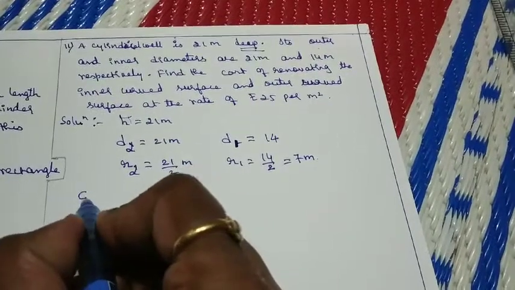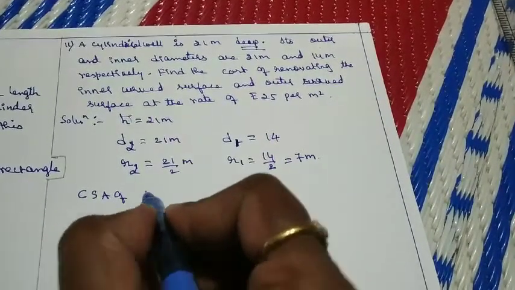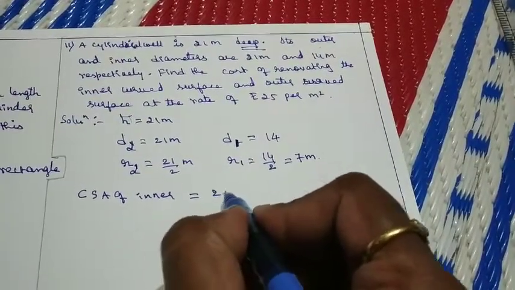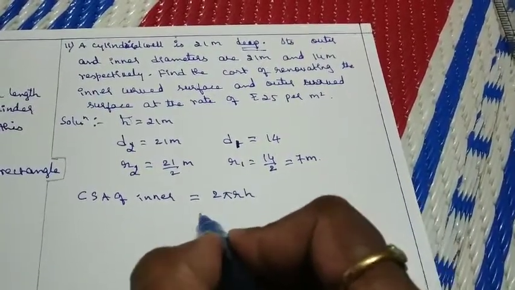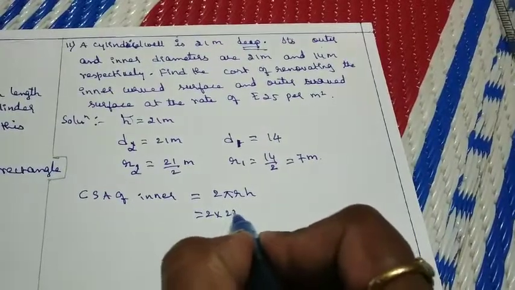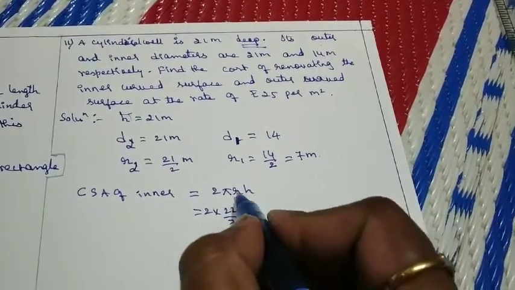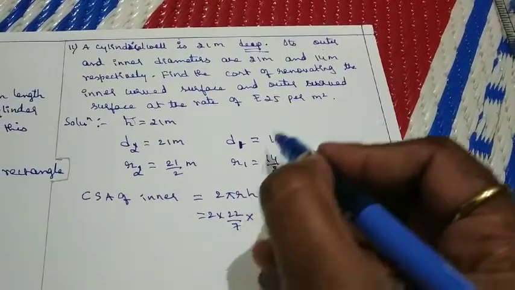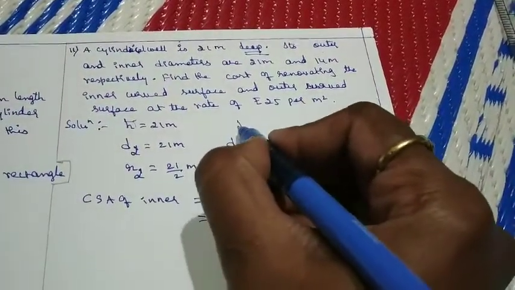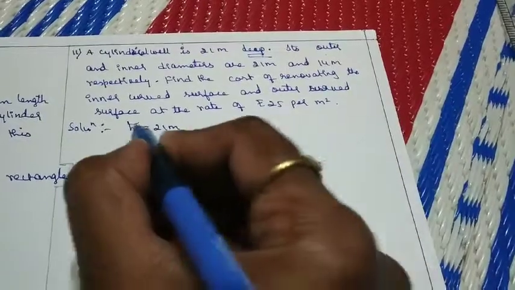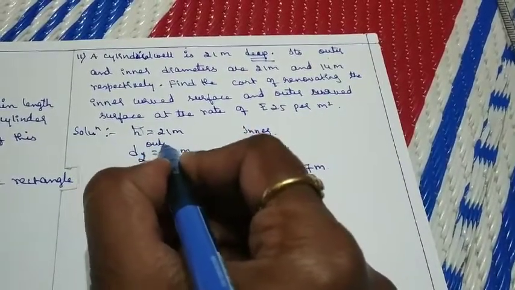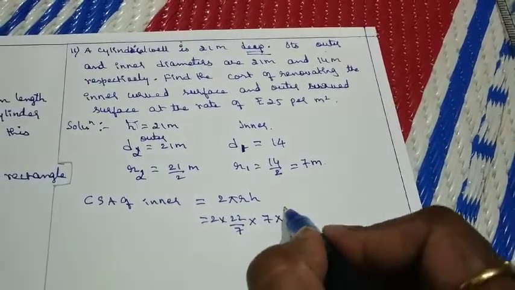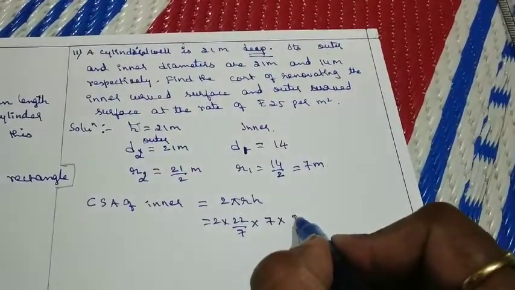So first CSA of inner equals 2 pi RH, then 2 into 22 by 7 into radius. Inner we are finding, right? So inner we have the radius as 7 into height, which is common whether it is inner or outer.